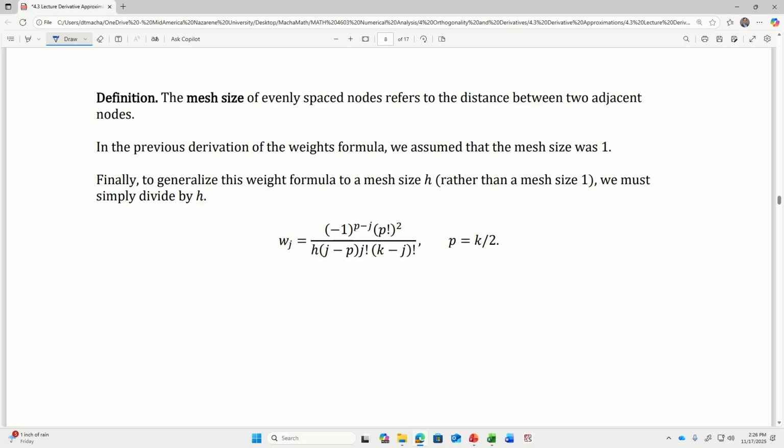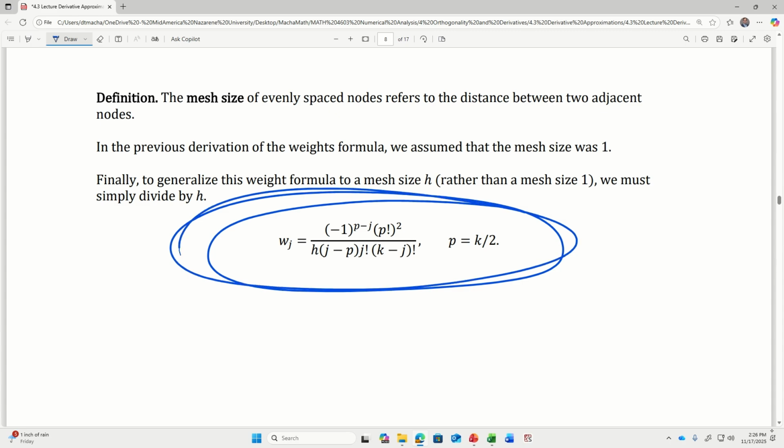So here is the formula for evenly spaced nodes, uniform spacing, a central derivative approximation with k plus 1 nodes. That's the one you want to know to calculate the weights in your differential quadrature.